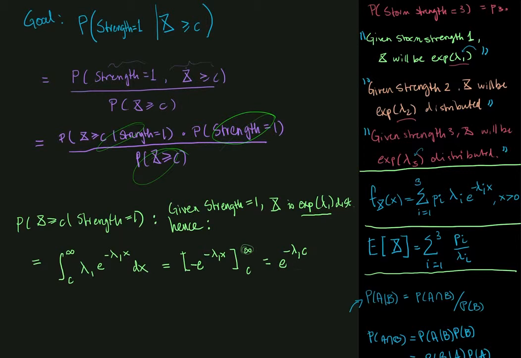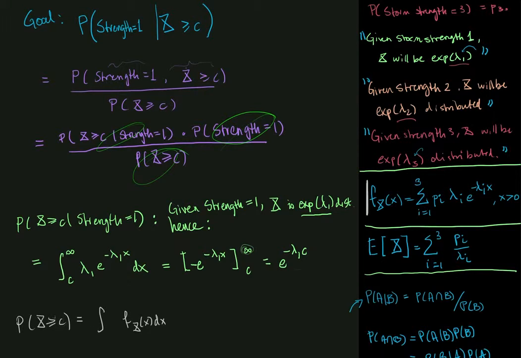Now the next probability I can find as well, and that is the probability that x is greater than or equal to c that I wanted. So the density of x is given by this thing over here that we had from part A of the exercise. And what I want to do is integrate the density of x over the set whose probability I'm trying to find.